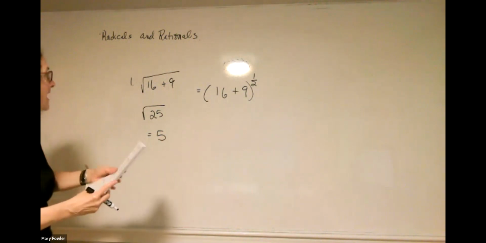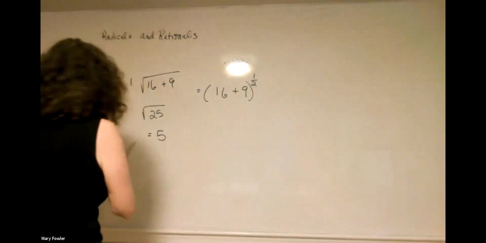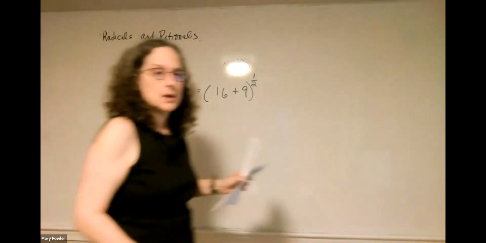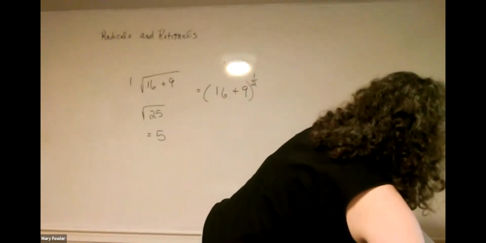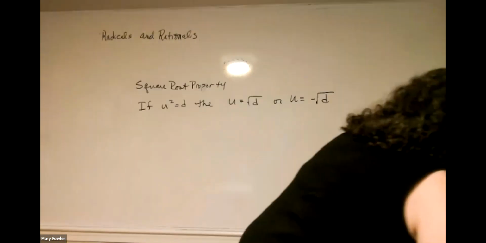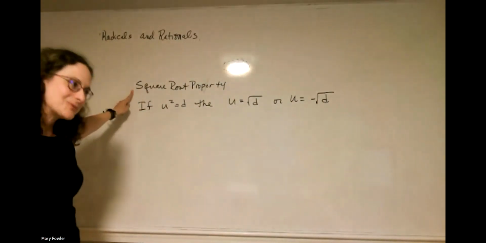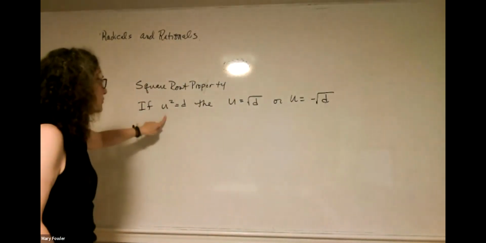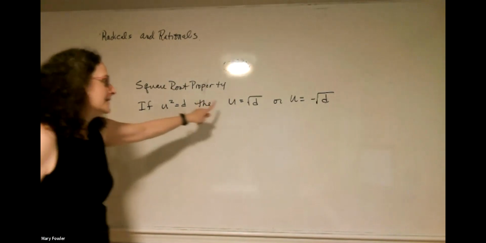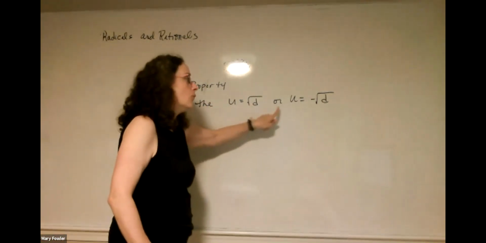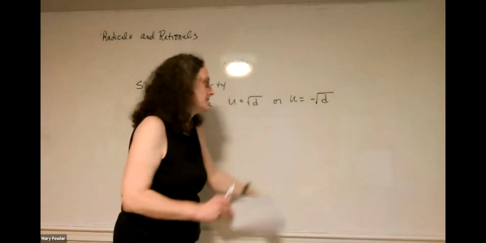Okay, great. And so the next thing we want to do is look at the square root property. So the square root property pretty much states what we just went over. If u squared equals d, then u equals the square root of d, or u equals minus the square root of d.